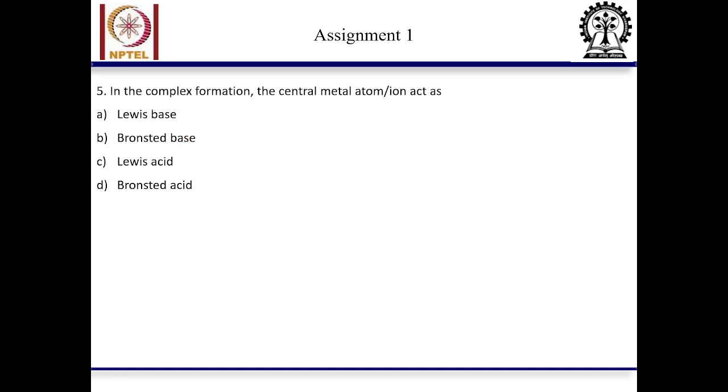Okay, so in complex formation, the central metal ion acts as a Lewis base, Bronsted base, Lewis acid or Bronsted acid. So can anyone tell what is the correct answer for question number 5?